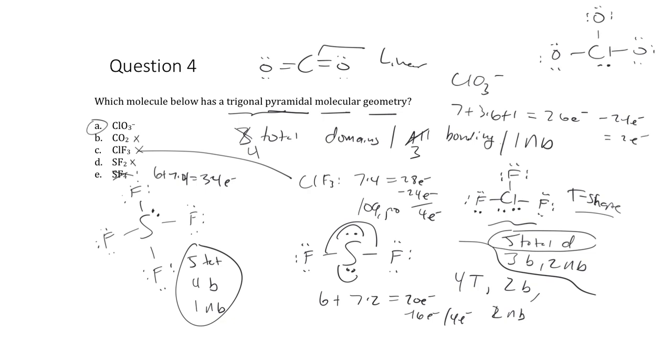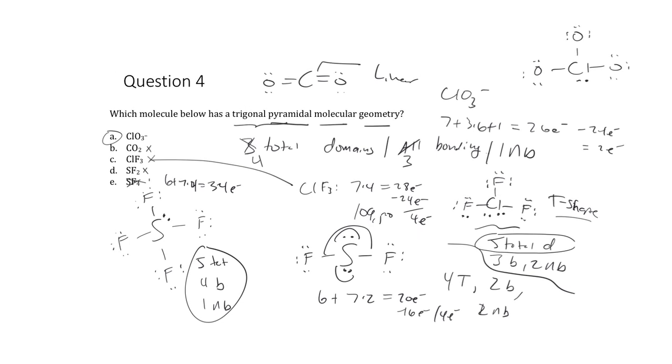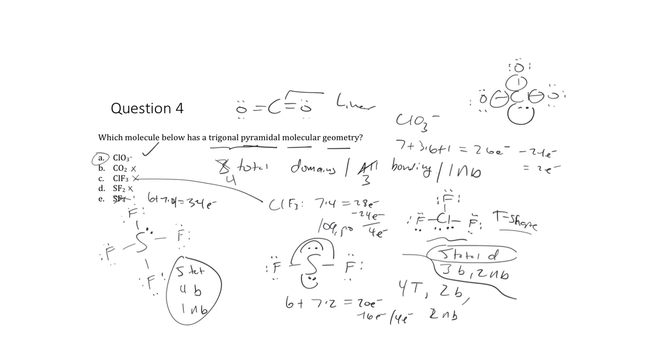That gives chlorine 3 bonding domains and 1 non-bonding domain. So that number of domains matches ClO3 minus being trigonal pyramidal in its molecular geometry. For the shape of this molecule, think central chlorine, oxygen, oxygen, oxygen. Let's do the oxygens here, and put a lone pair on this position there.